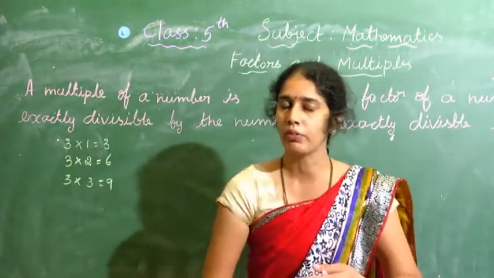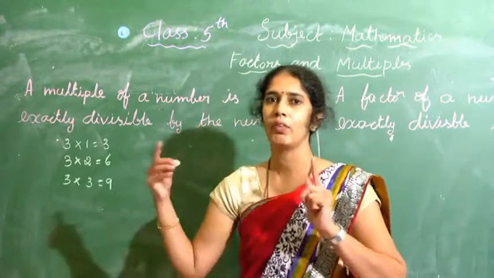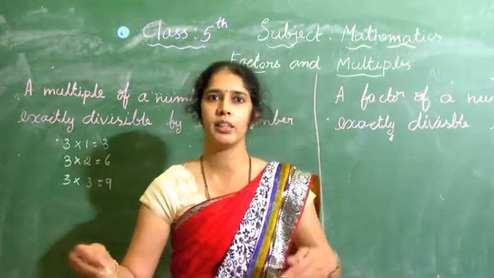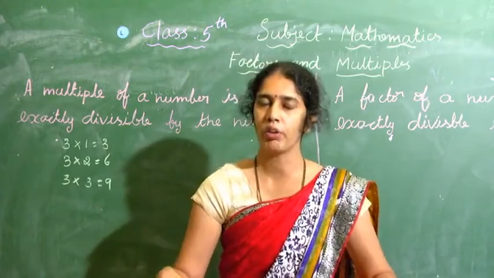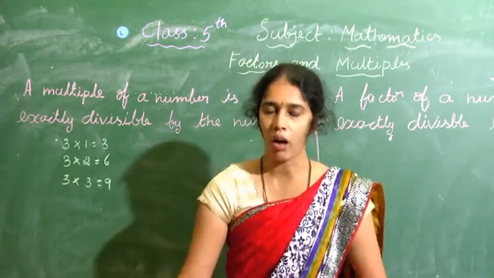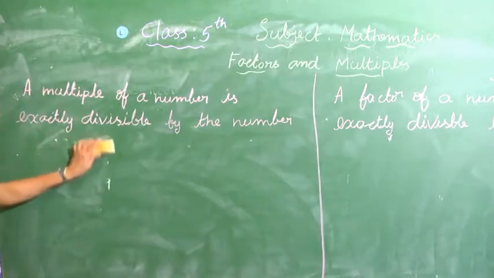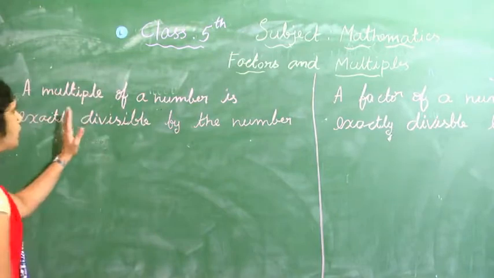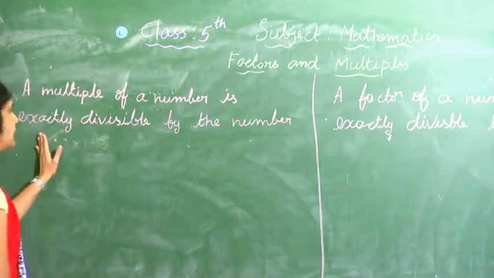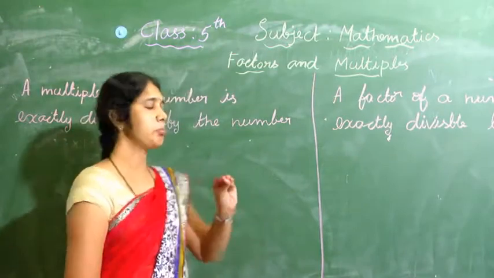What are the multiples of 3? 3, 6, 9, 12, 15, 18, 21, 24, 27. All we call multiples of 3. So, a multiple of a number is exactly divisible by the number.